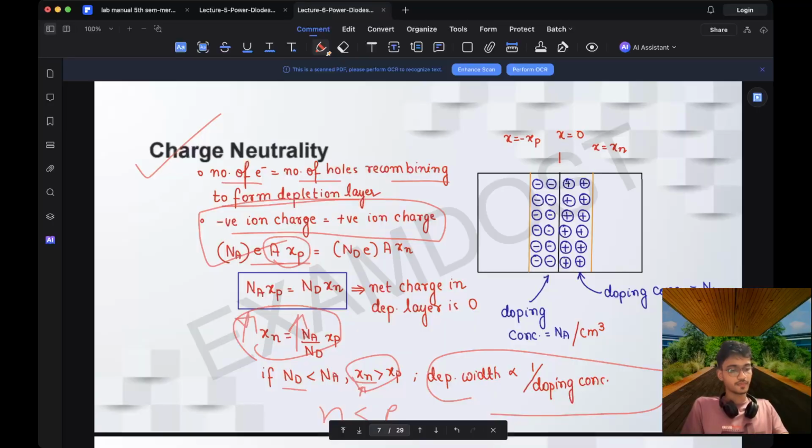Okay, think of a P N junction, with N and P, and inside, lightly doped: ND less than NA, so XN greater than XP.